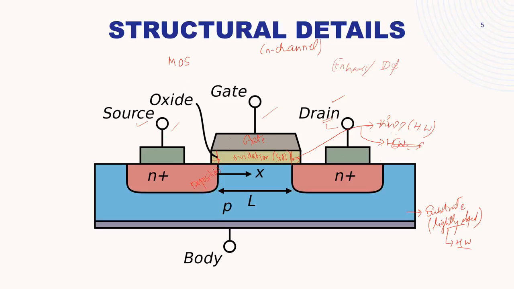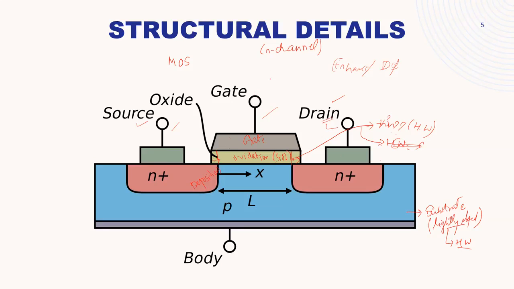Enhancement type MOSFETs do not have any physically fabricated channels. What do I mean by channels? That they are completely in non-conducting mode. There can be no conduction happening just merely by giving the gate voltage.